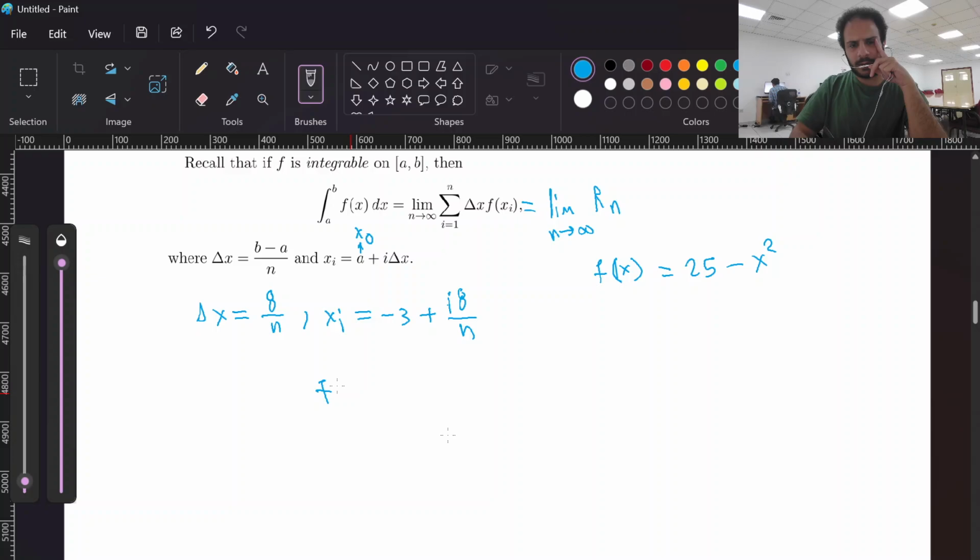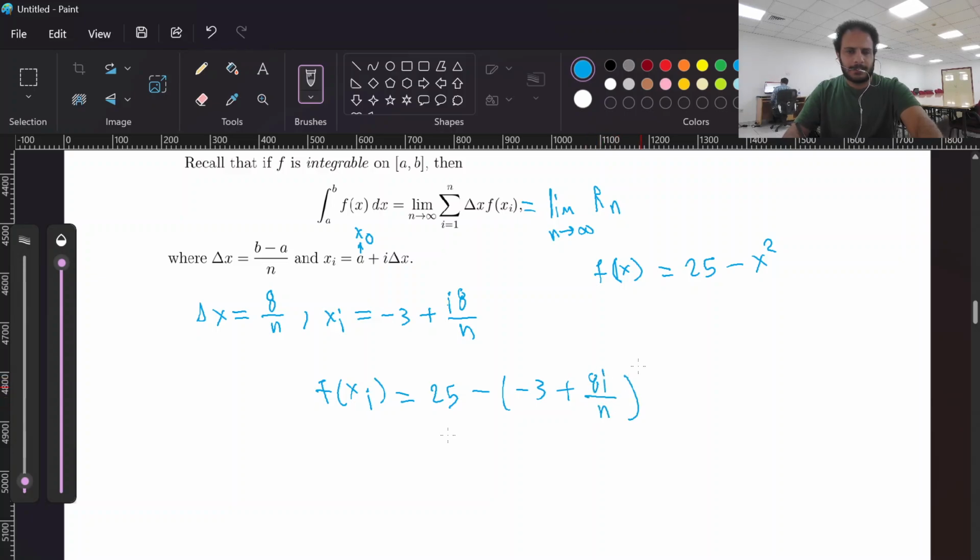So f of xi equals 25 minus (3 plus 8i over n) squared.